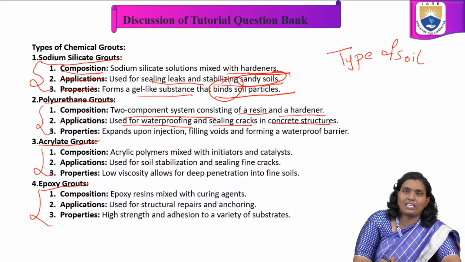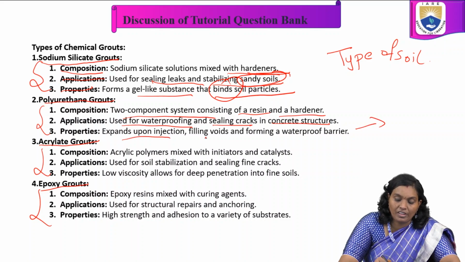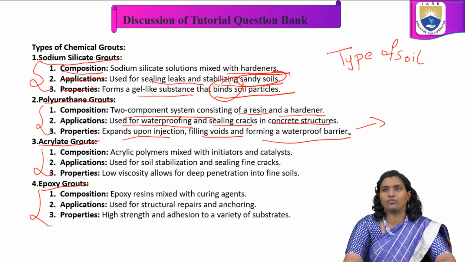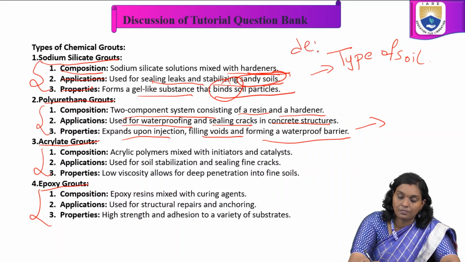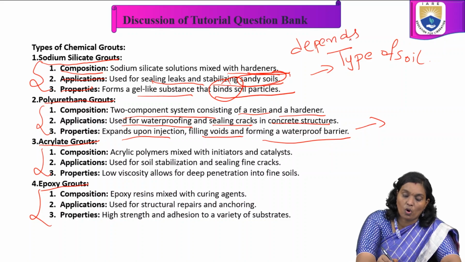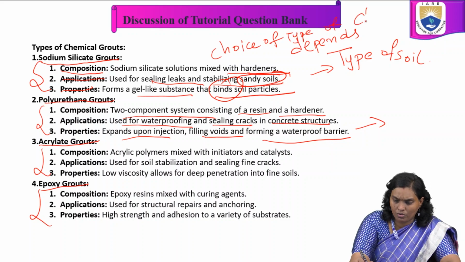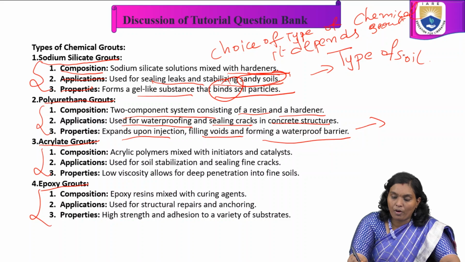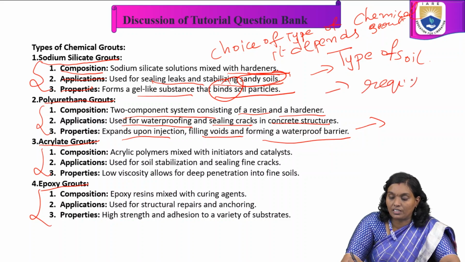So in these properties, what it will do, it expands upon injection, filling voids and forming a waterproof barrier. The choice of type of chemical grout depends on the type of soil and required modification.